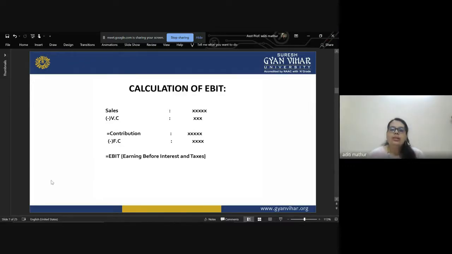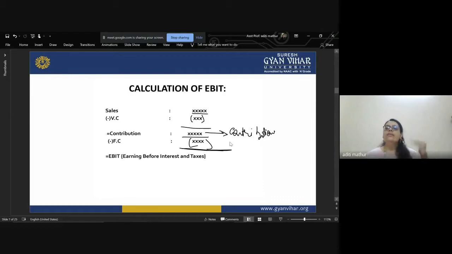So let us first understand how we come to the EBIT, that is earnings before interest and tax. First we write down our sales figure, then we subtract our variable cost, and the amount you get is known as your contribution. Then from contribution, you subtract your fixed costs, and the earnings available after that are stated as your EBIT, earnings before interest and taxes.